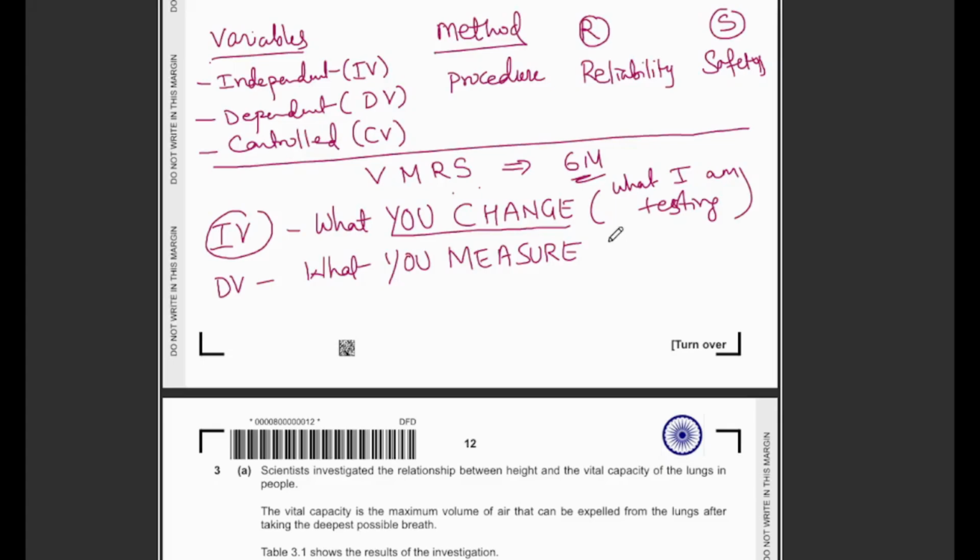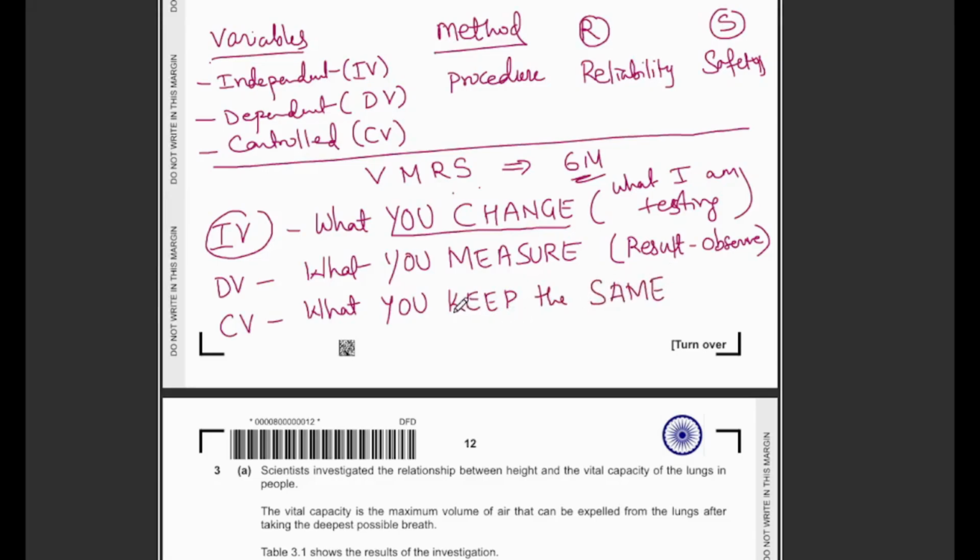So in a simple way, the result I observe, the result that you observe or measure. And the last one is the control variable. Control variable keeps the test fair. So what you keep the same.